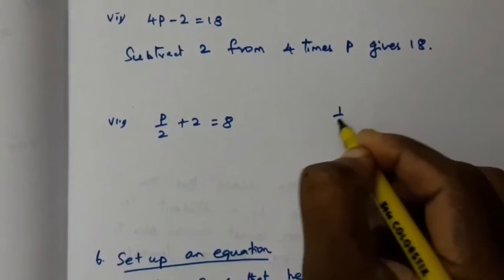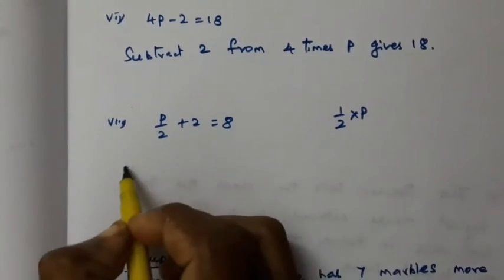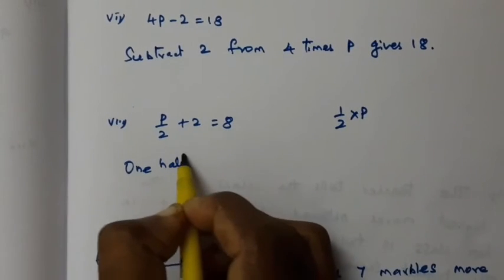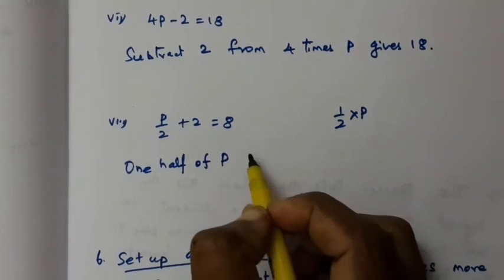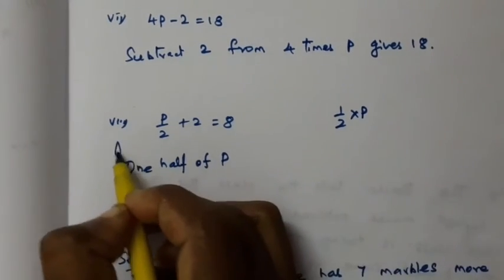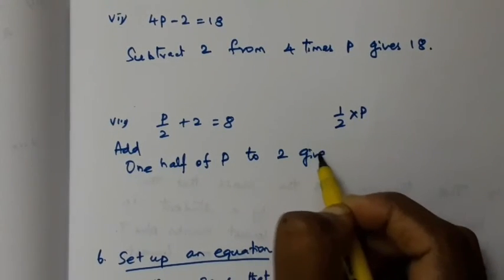So half means 1 by 2 of p. So I can write add 1/2 of p to 2 gives 8.